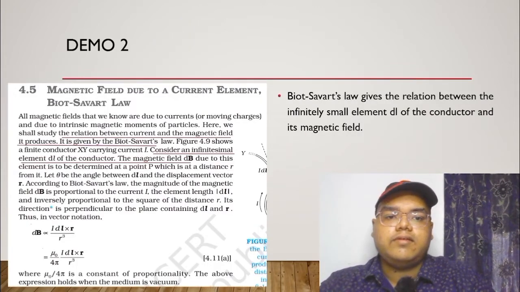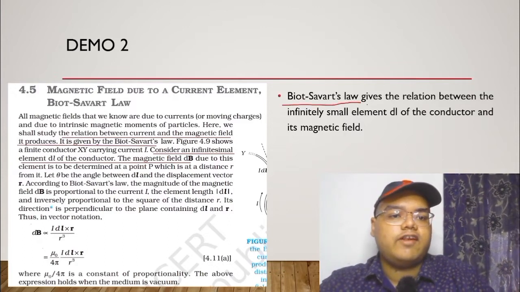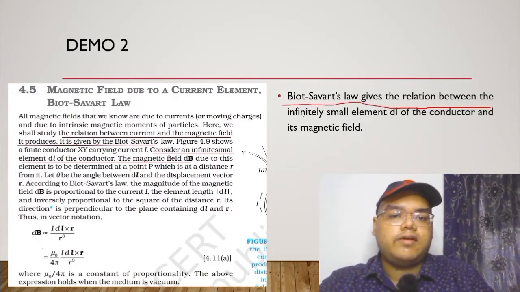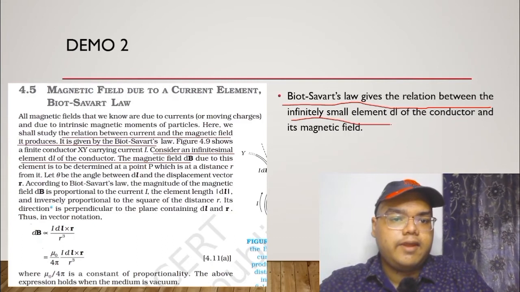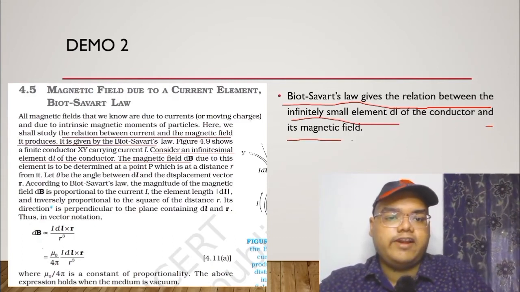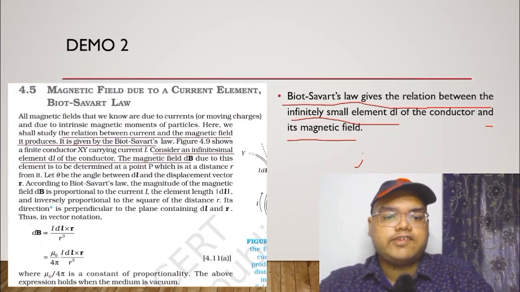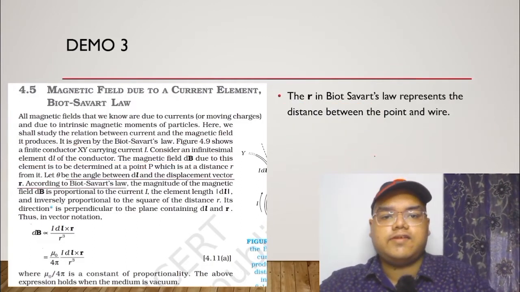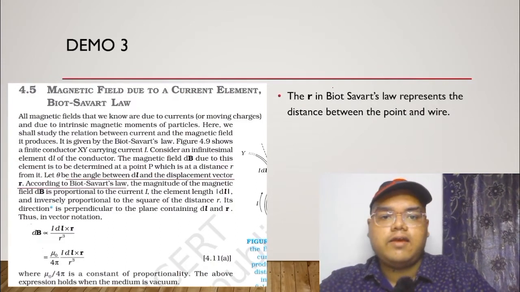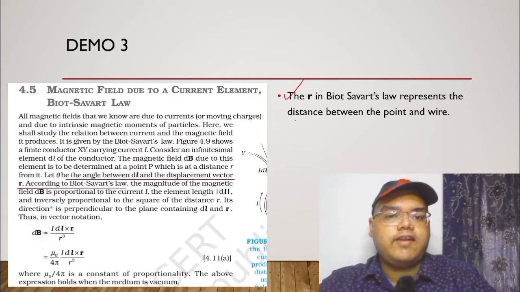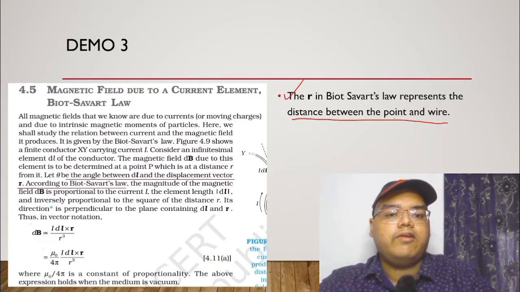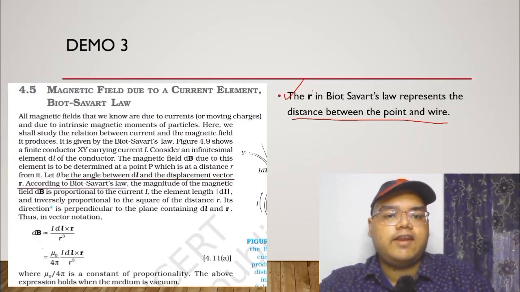Next line says that Biot-Savart's law gives the relationship between the infinitely small element of a wire dl and its magnetic field. So this is a true statement. Next, the r in Biot-Savart's law represents the distance between the point and the wire. No, it's the displacement vector and it is bold, so it is a vector quantity.